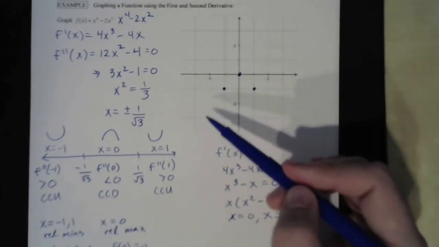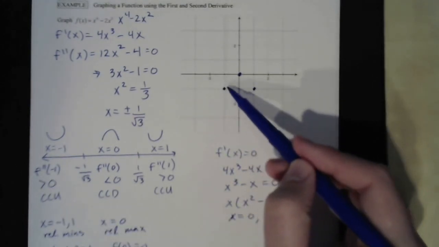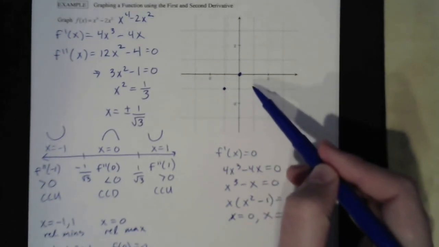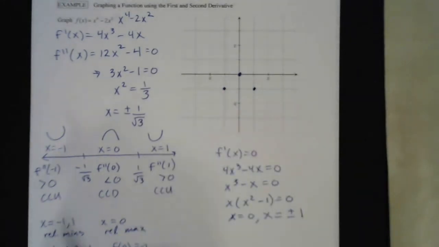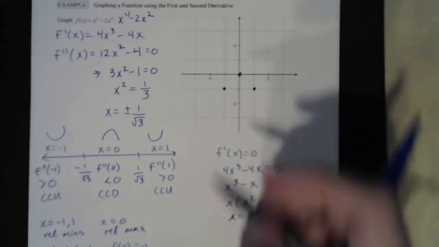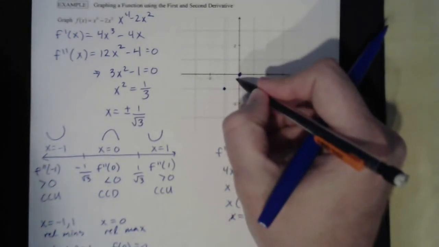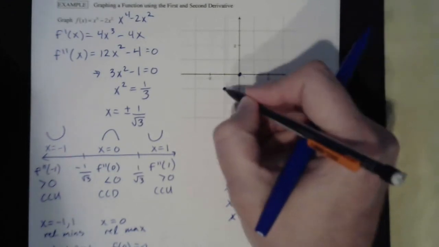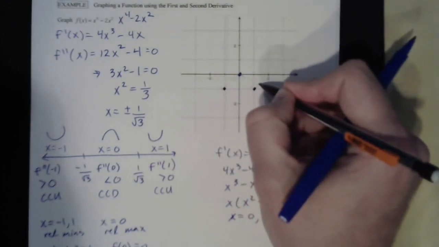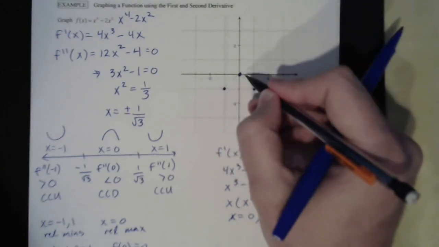So we know we need to be concave up here, and concave down here. If you have a pencil, you can do this. I'm using pen, so I need to switch to a pencil. But what I do is give myself that shape, concave up, concave down.